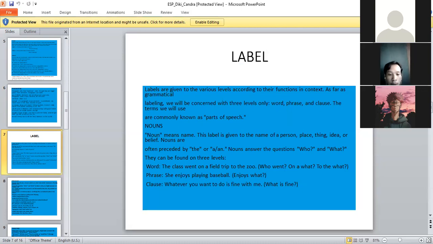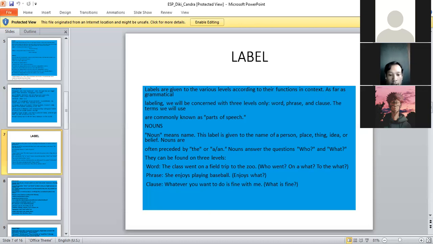Nouns: noun means name. This label is given to the name of a person, place, thing, idea, or belief. Nouns are often preceded by the, a, or an. Nouns answer the question who and what. They can be found at 3 levels.